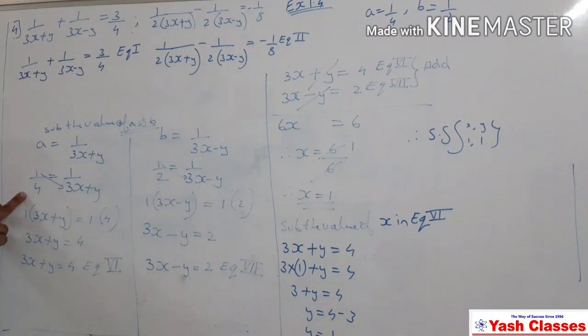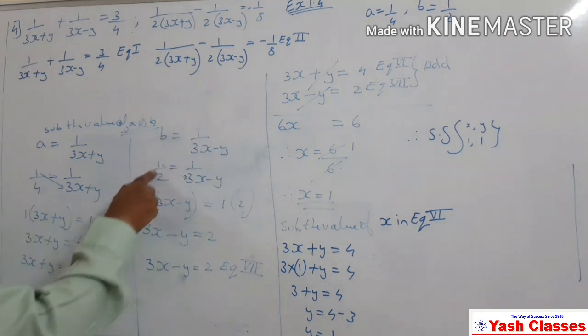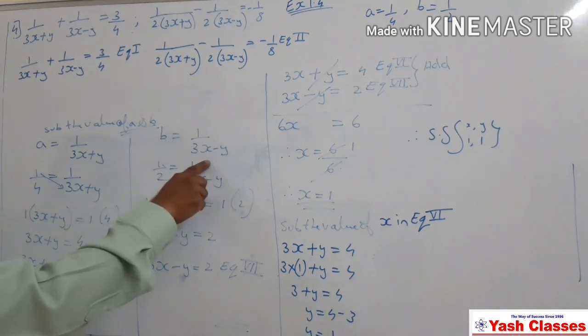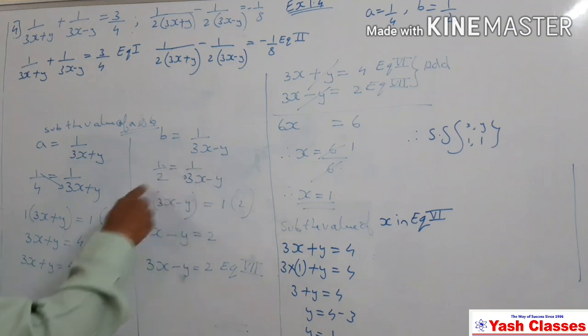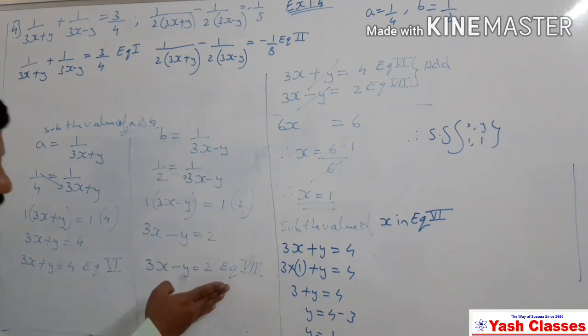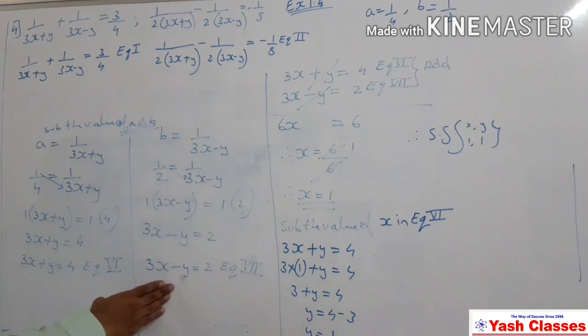A means 1 upon 4, we have written this as it is, cross multiplication. We will get equation number 6. B we got 1 upon 2 and 3x minus y. Here again cross multiplication. Here you will get equation number 7.